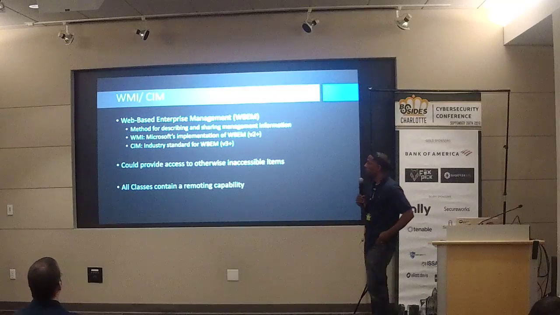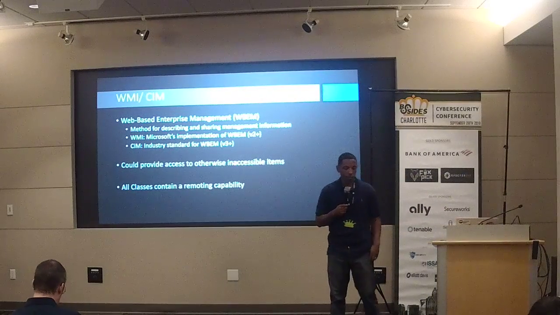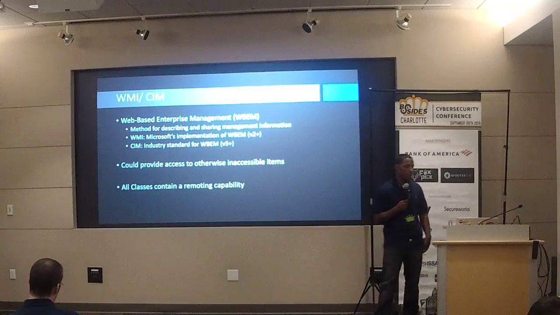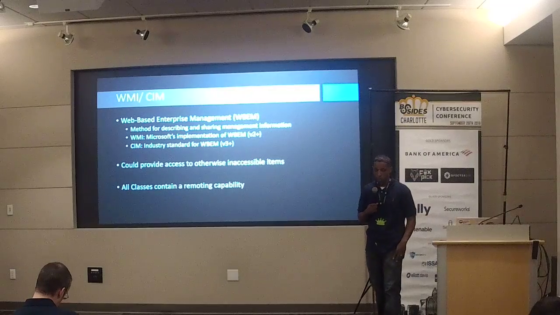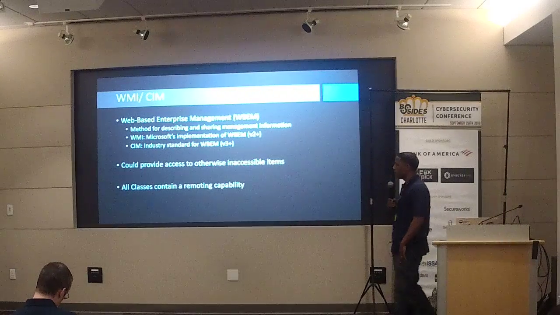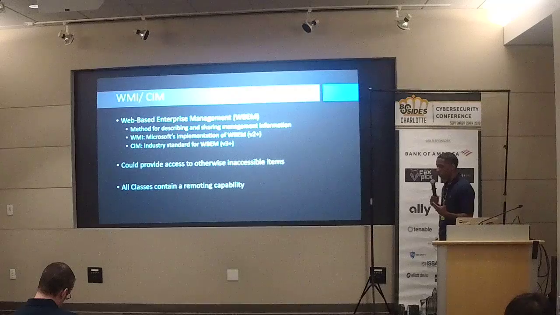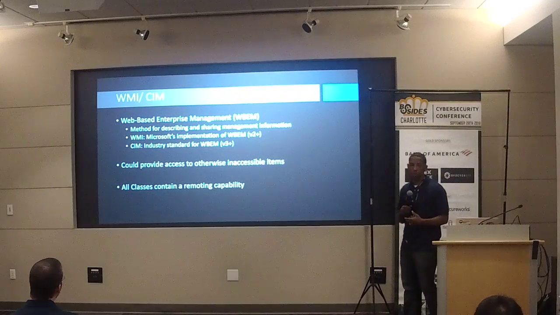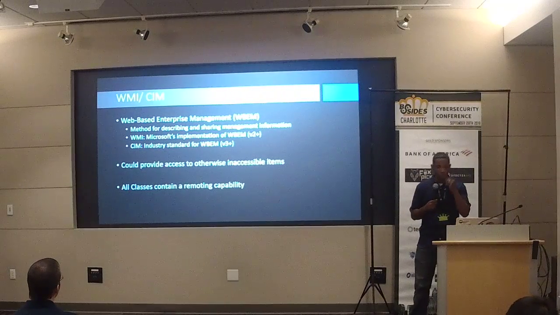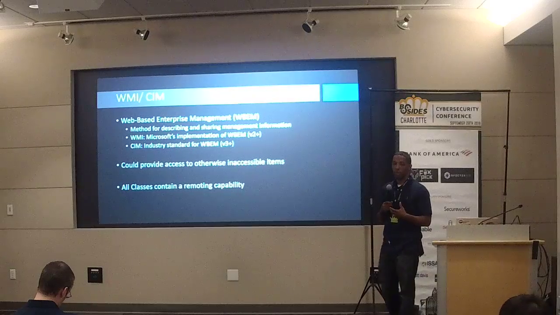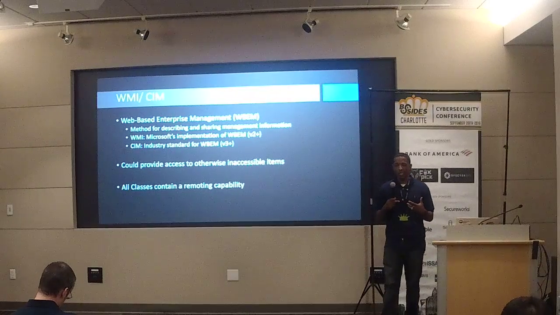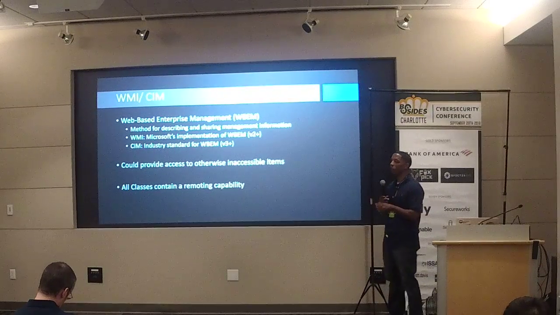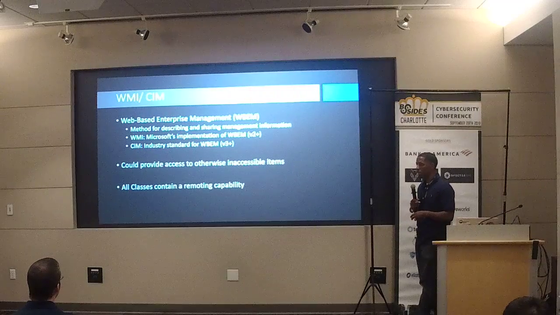All right, and then we have WMI and CIM, so Windows Management Instrumentation, and then Common Information Model. WMI was Microsoft's response to WBEM. WBEM is web-based enterprise management, which was really an initiative to get after how we share information amongst the system and a number of systems.